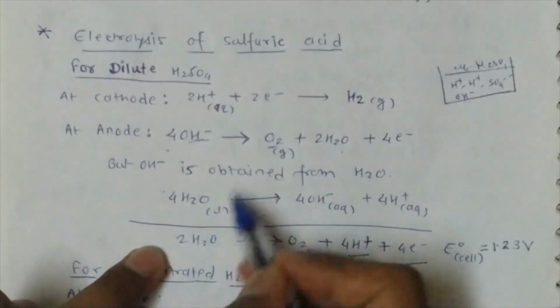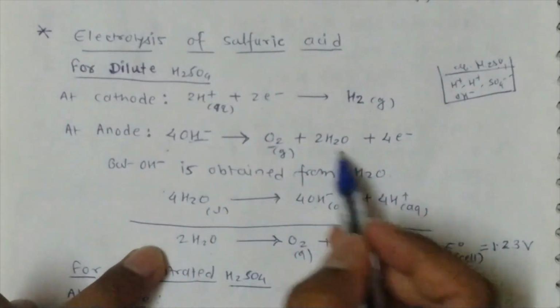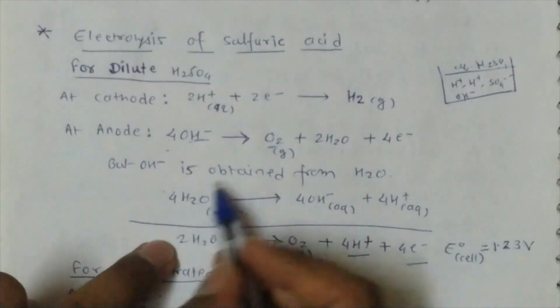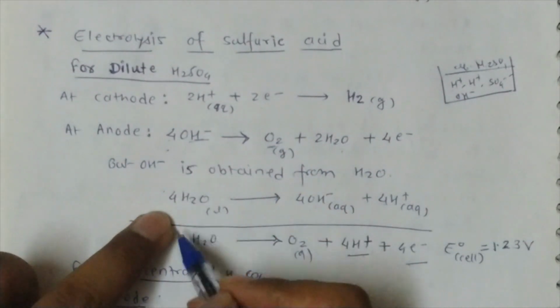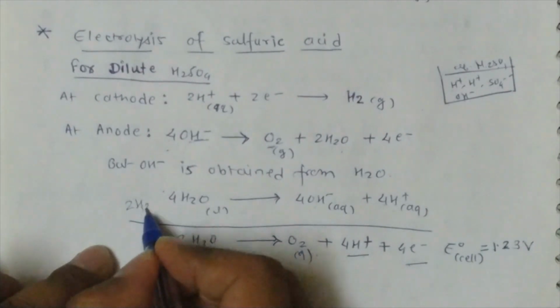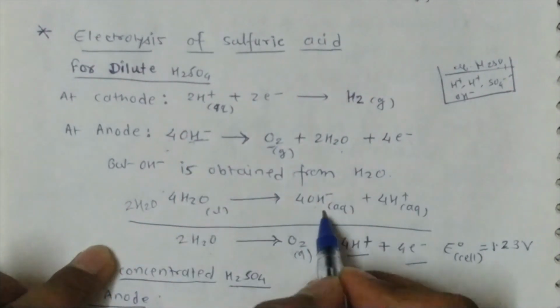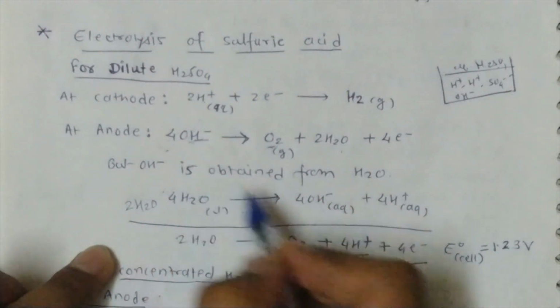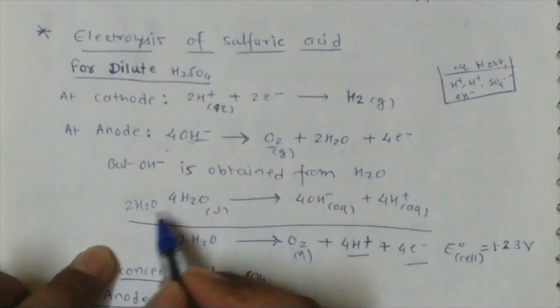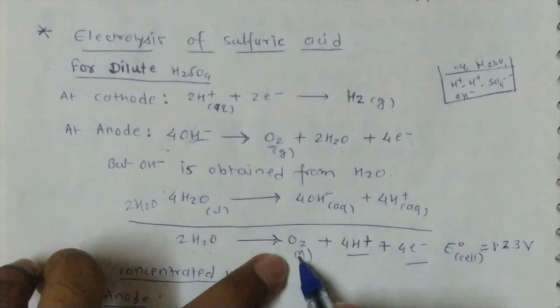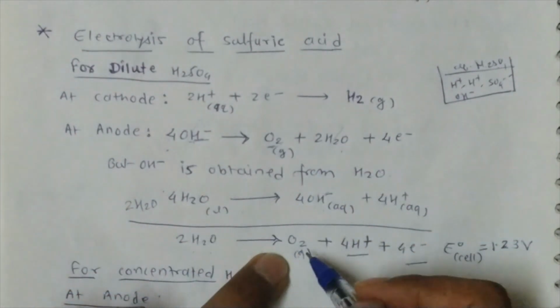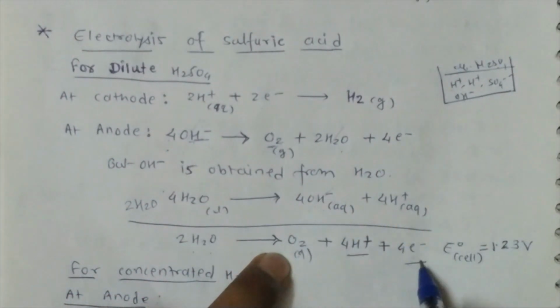So if I combine these two reactions, the overall reaction I am getting is, here you can see 2H2, here you can see 4H2O. So 2H2 will be cancelled and remaining will be 2H2O. Here 4H plus is present, here 4OH minus ion is present, this will get cancelled. So remaining will be 2H2O, then here there will be O2, and 4 electrons you are getting.